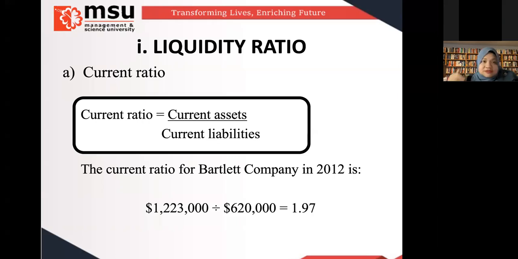The consequence might lead the company to apply for a loan to settle their short-term debt. That is the meaning of the numbers in the current ratio. It's just 1.97. There is no unit; if you want to put one, you can write 1.97 times, or you can just leave it blank.